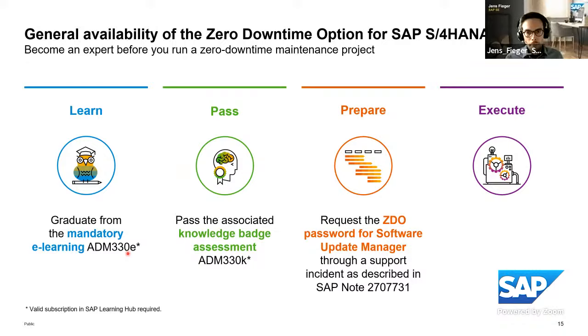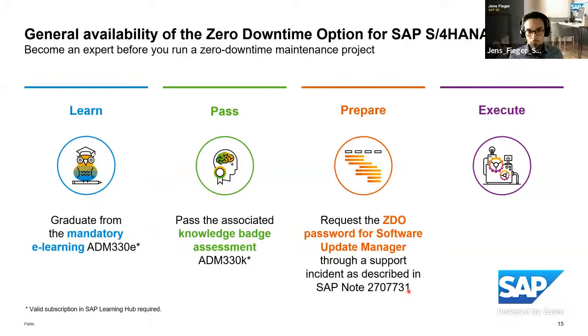free to do so. As said, that's mandatory because if you want to kick off a zero downtime project and you start the SUM tool, you will be asked for a password, and this password will be sent by the SAP support. I have described that process in the main SAP note, so there you find the way how you get the password.